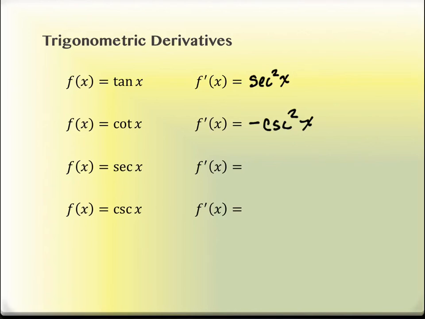Tangent to secant, cotangent to cosecant. The derivative of secant of x is secant x tangent x. And the derivative of cosecant of x is cosecant of x, cotangent of x, and there's a negative at the beginning of that one.